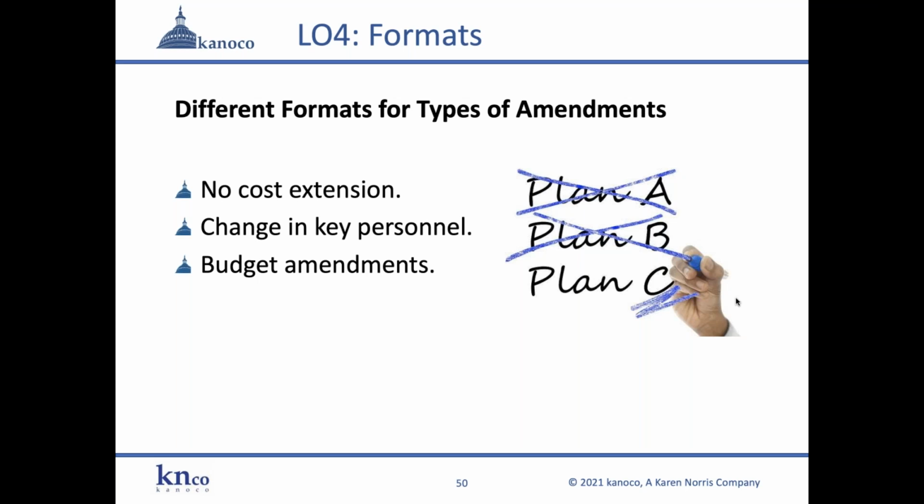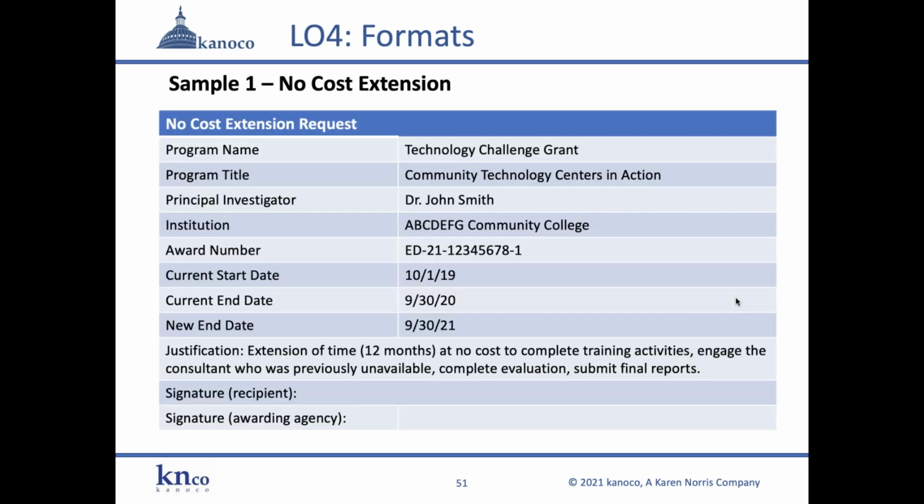We're going to talk about a no-cost extension, a change in key personnel, and how to request some of these budget amendments. So here's a no-cost extension written in a format. This particular granting agency wanted the non-federal entity to use this format when requesting a no-cost extension.